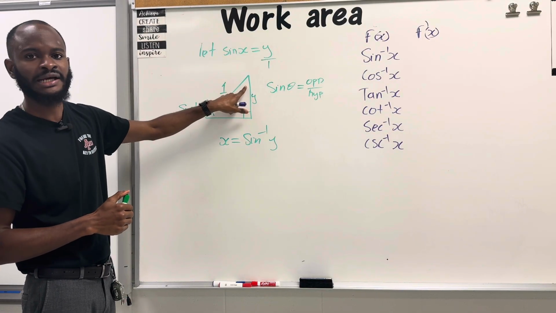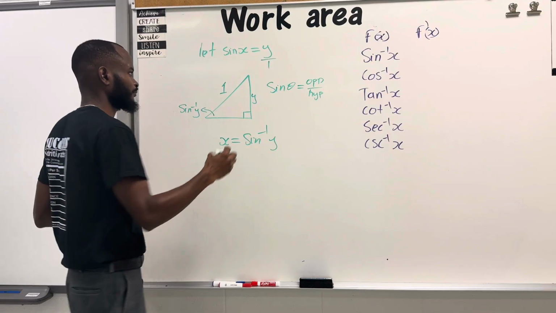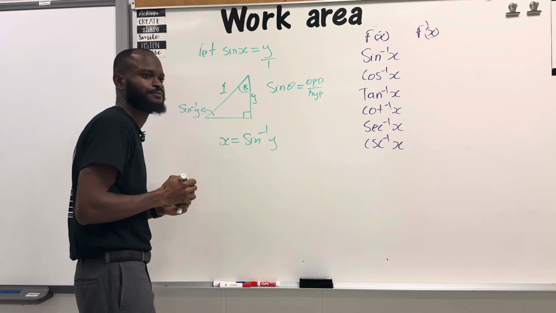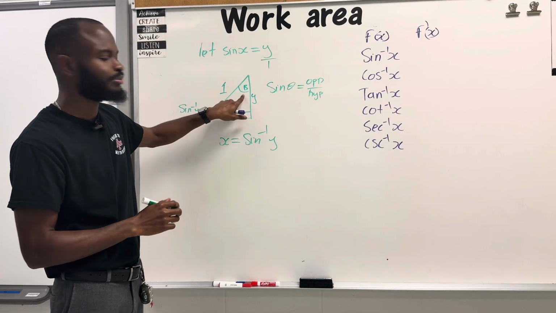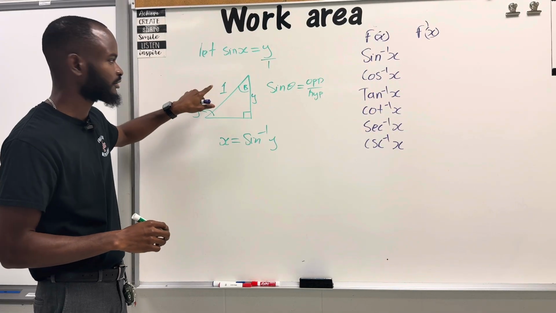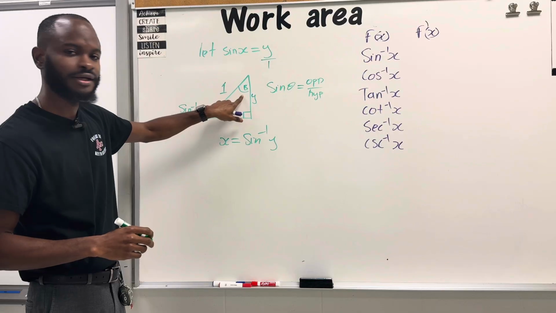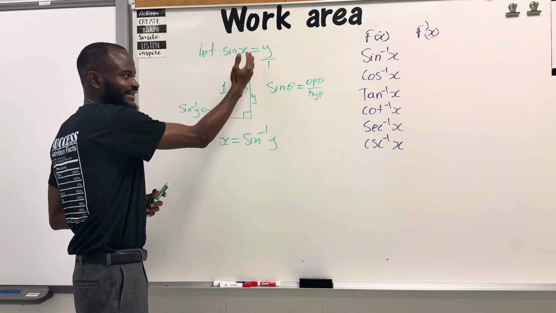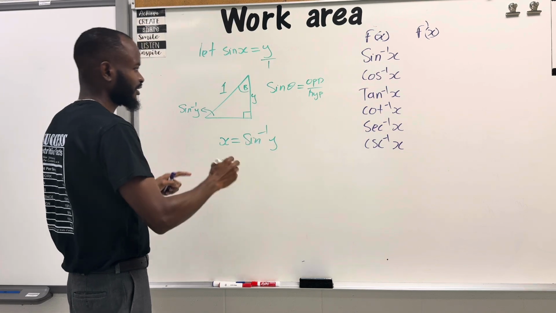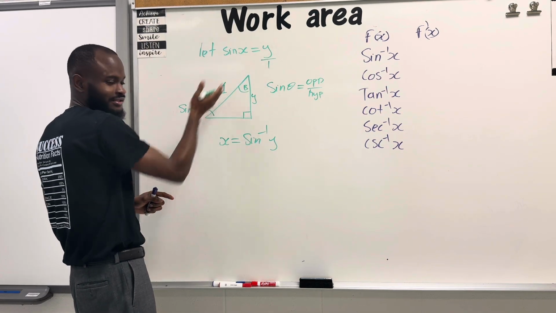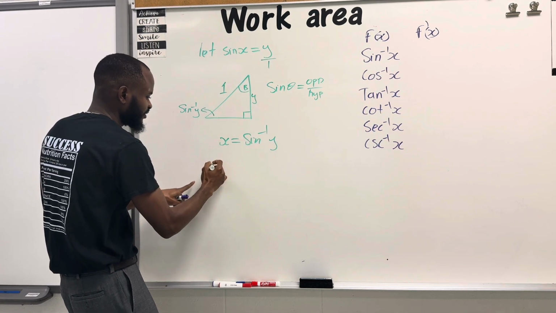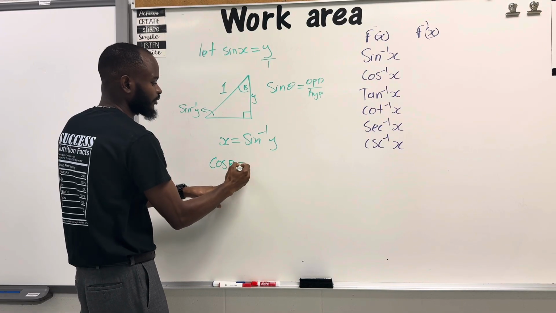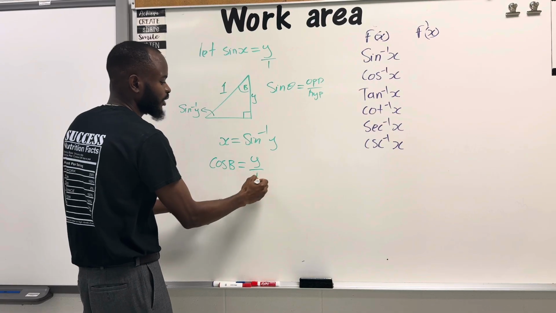Up here, let's name this angle B, and we want to write angle B in terms of y and 1. So angle B here, if we're writing in terms of y and 1, it's going to be this side, its adjacent side. So the adjacent and this side is the hypotenuse. So it means that cosine of B is equal to y over 1.